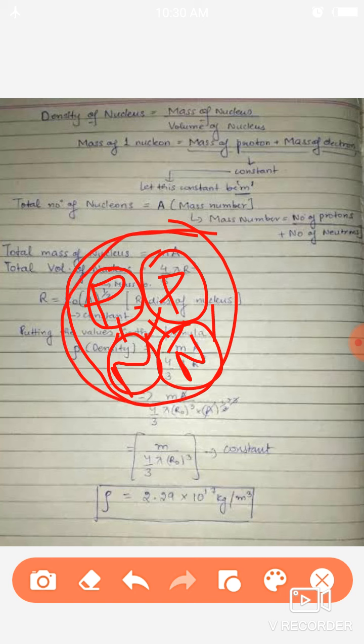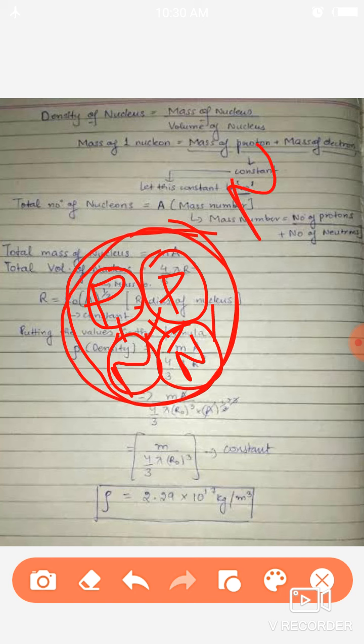Now the total size of nucleus will be equal to the total volume occupied by each nucleon in this nucleus.